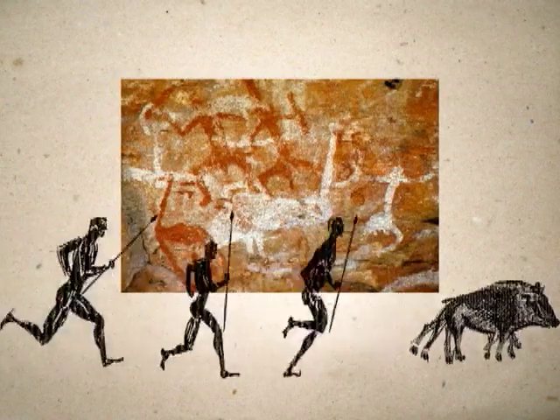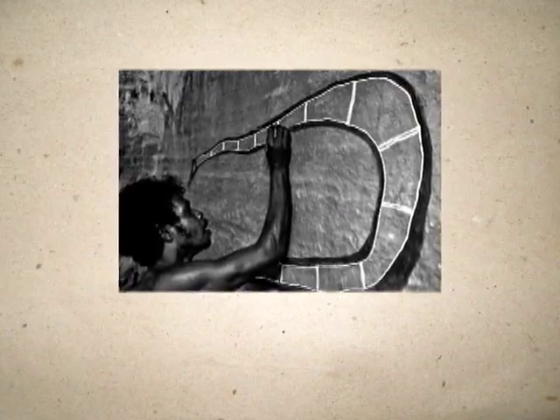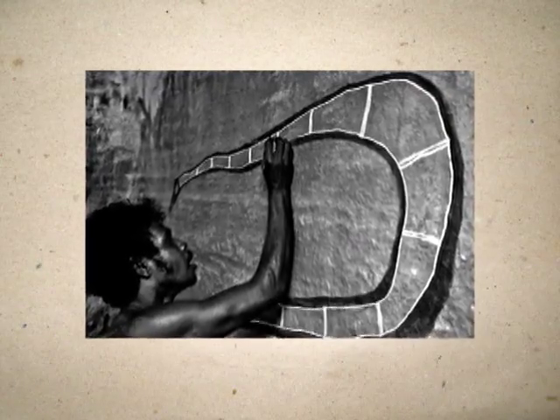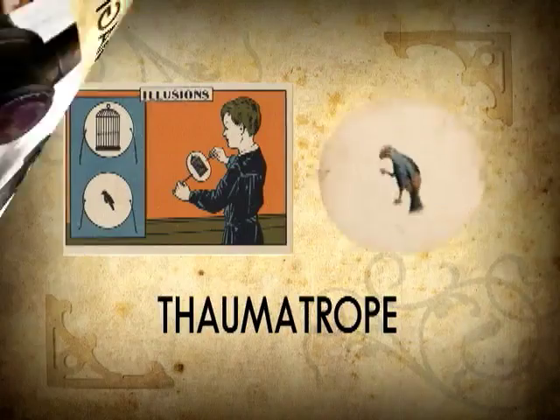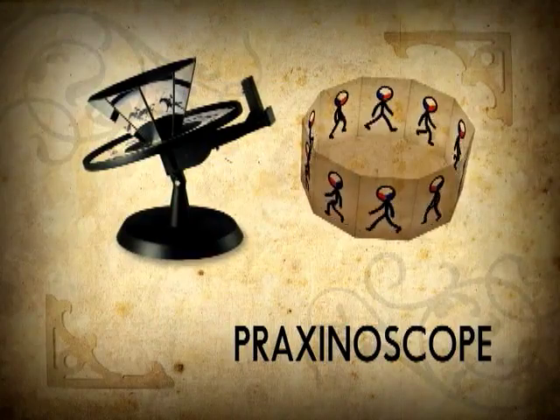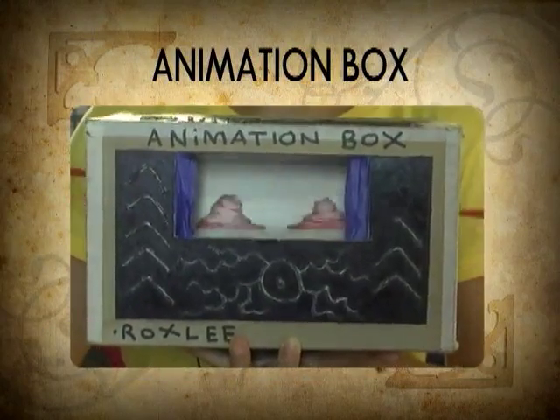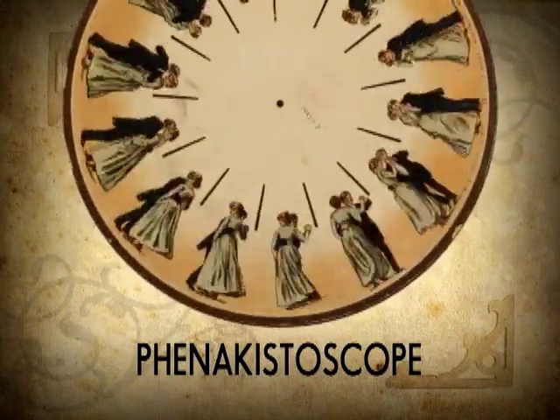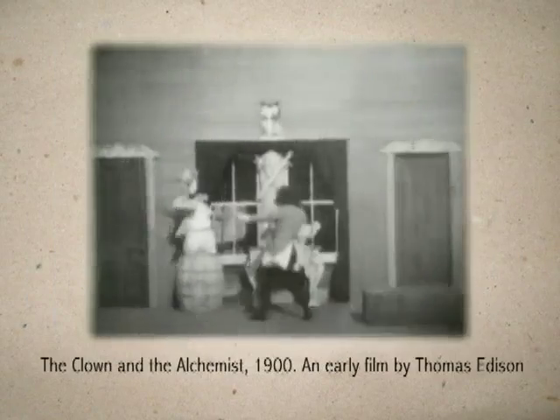Humans have always been fascinated with the world around them, mimicking, copying, trying to capture movement, and making it as real as possible. Early experiments produced contraptions that made a series of drawings look like they were moving. But it was the invention of the film camera that made animation possible.